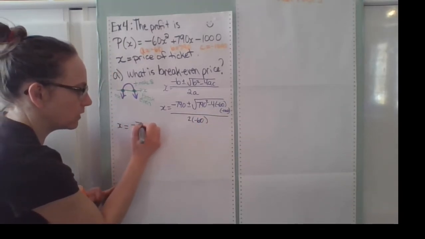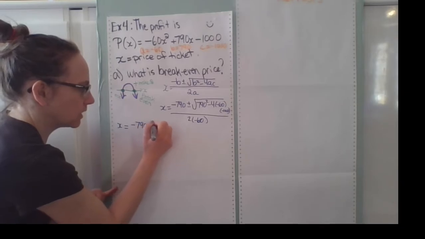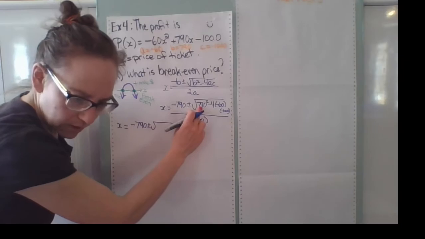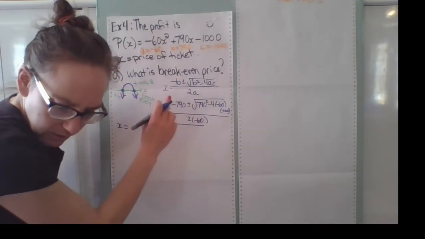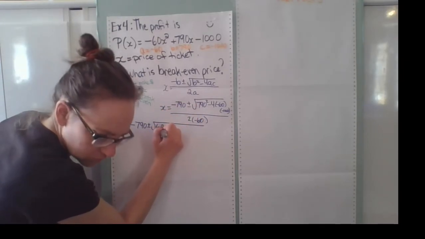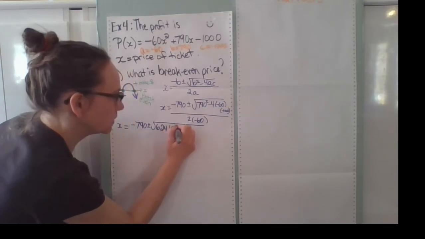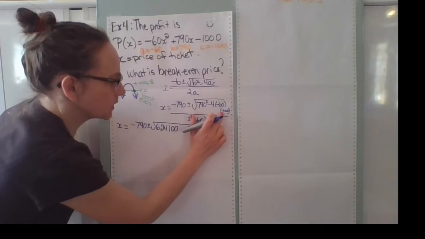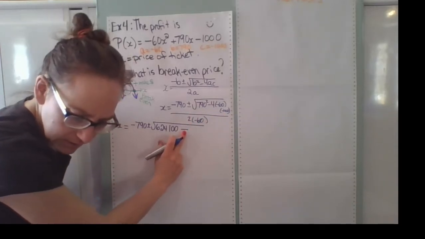Let's simplify that out. Negative 790 plus or minus, well, 790 squared gives me 624,100 minus, so we've got a negative times a negative times a negative, so that stays minus.